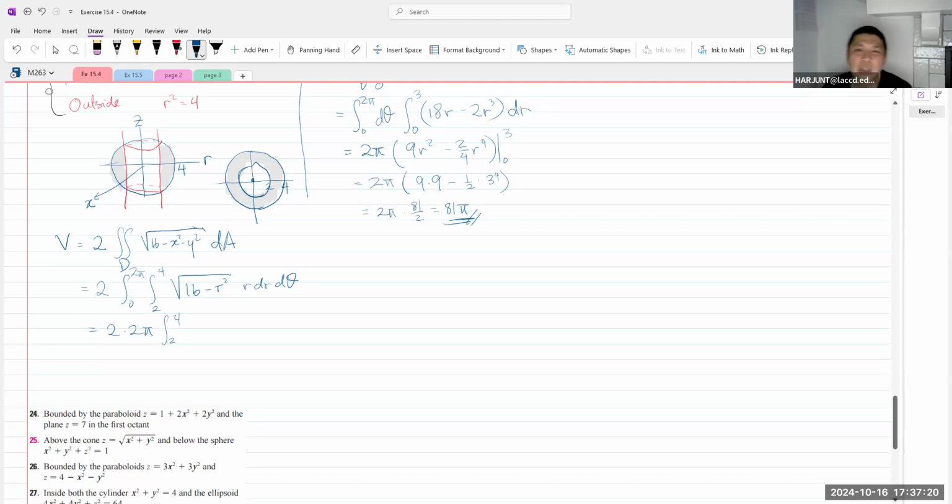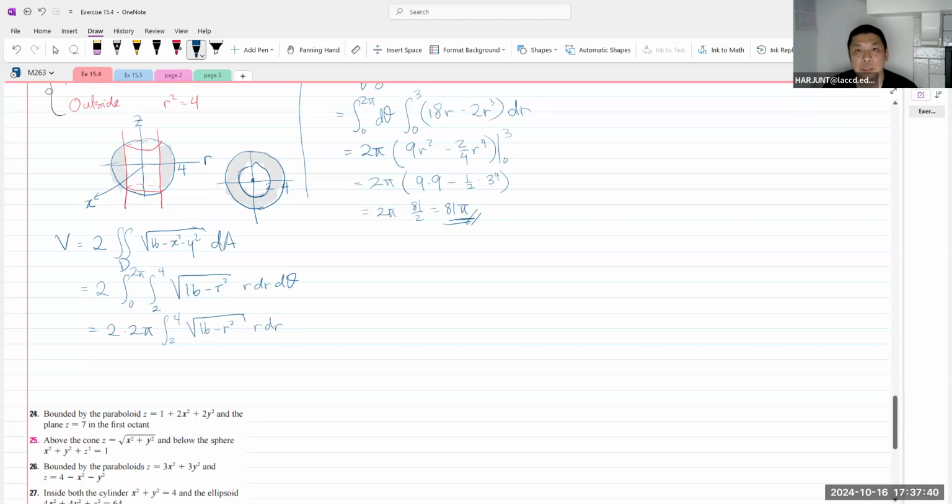We're supposed to do the integral inside out, right? But because the outside integration theta is independent from whatever inside, then it will be just the length of the interval. That's square root of 16 minus r squared r dr.